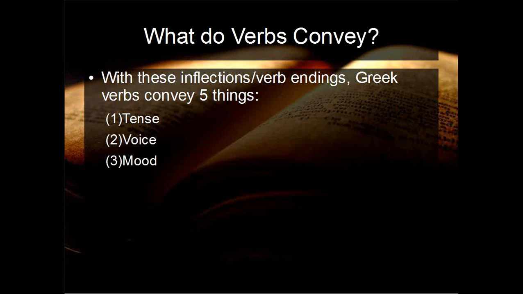Following voice is mood, and I'm going to go into detail explaining all these things, okay? So we have tense, voice, and mood. All right. Then we have person. And then finally, number, okay? So those are the five things that verbs convey in Greek.